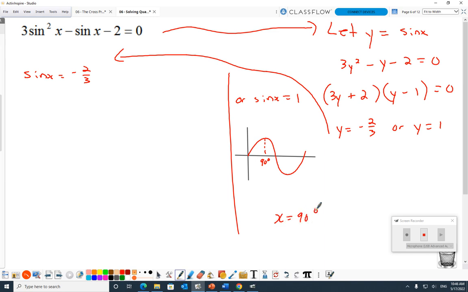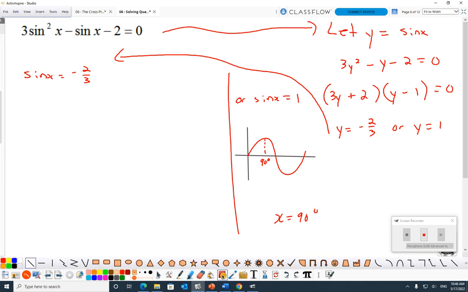Well, and now we got to talk about yesterday. Sine x equals negative 2/3. Is 2 over 3 in a special triangle? I'll let you think about that while I draw the standard equipment here.